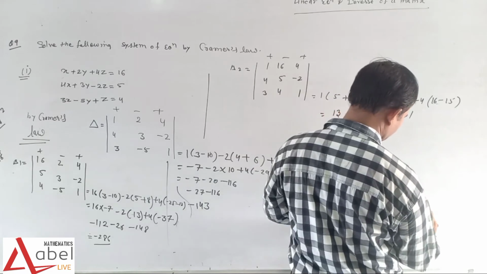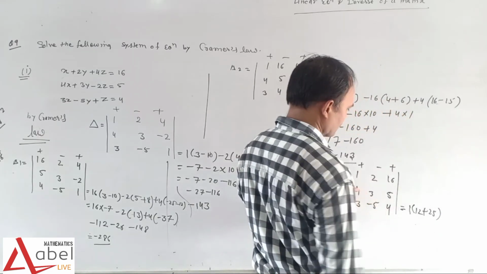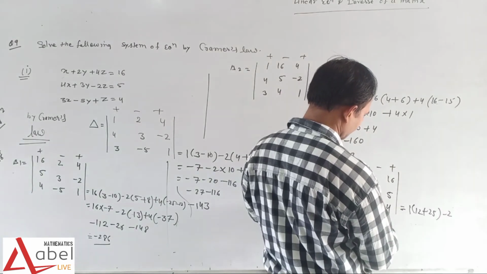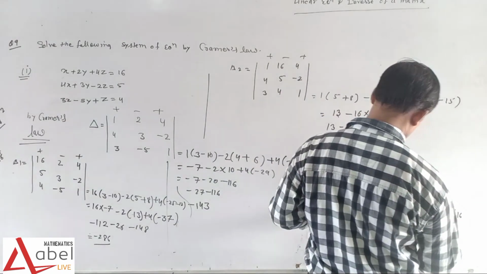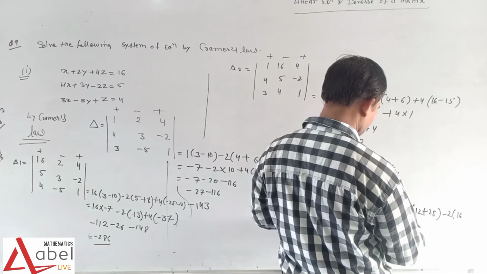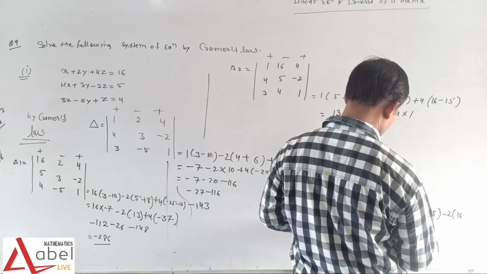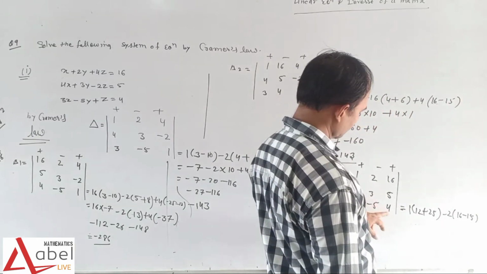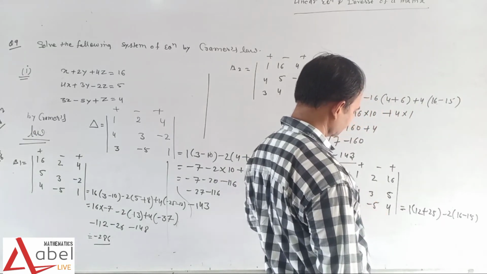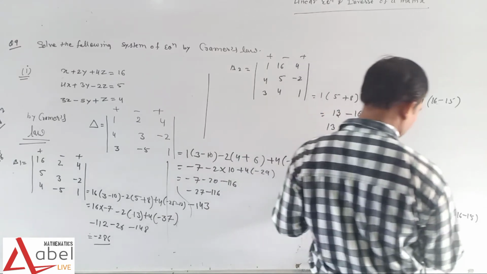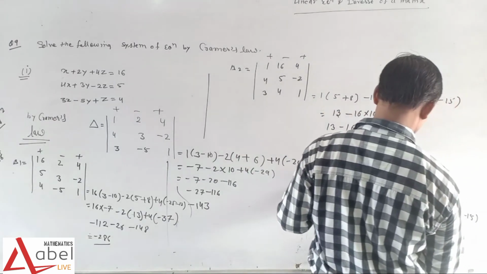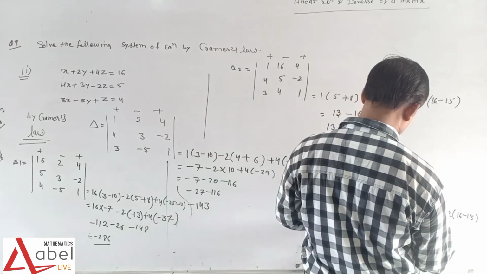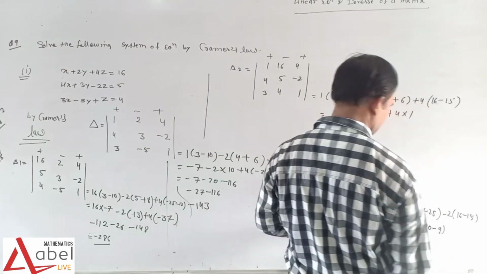minus plus, it is 25, it is minus 2 and it is 16 minus 15, 16 minus 15, and what about here, it is 16 and it is minus 20 minus 9.